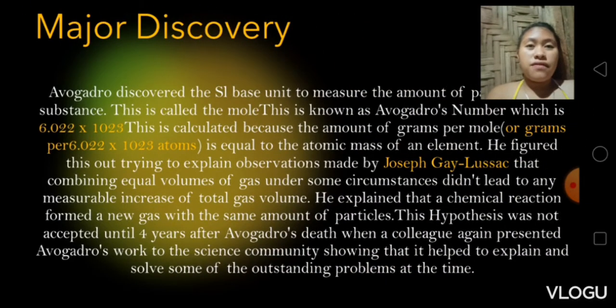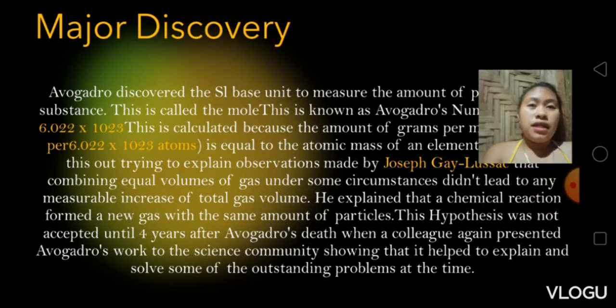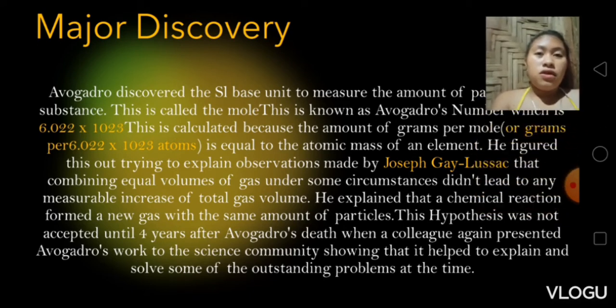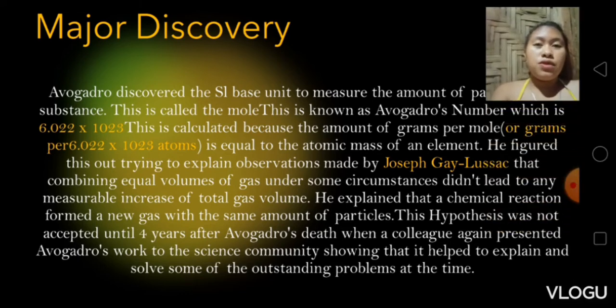So, the major discovery of Avogadro. Avogadro discovered the SI base unit to measure the amount of particles in a substance. This is called the mole. This is known as Avogadro's number, which is 6.022 times 10^23.